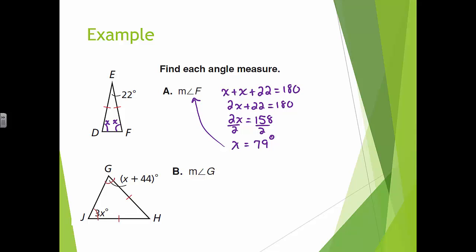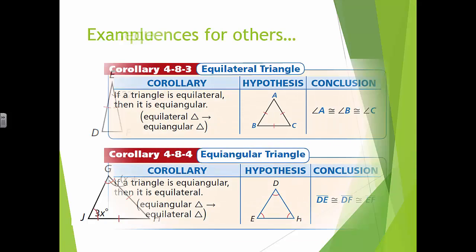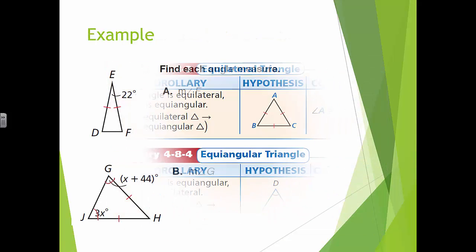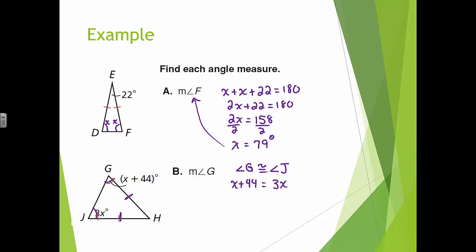Here our isosceles triangle is on its side, so here are my legs, and I know that angle J has to be congruent to angle G. Angle J is 3x, angle G is x plus 44, and they are congruent. So I can just say x plus 44 equals 3x.